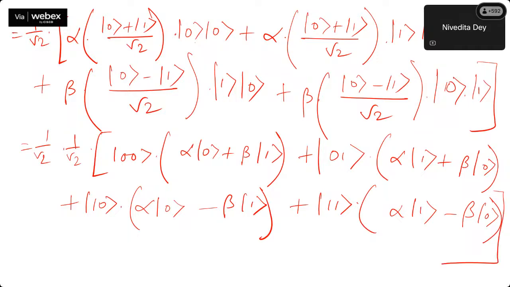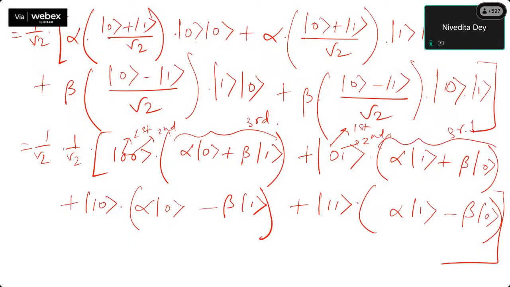Now whenever Alice makes a measurement, she has access to the first and the second qubit. So this is the first, this is the second, and this entire thing is the third. Similarly here also this is first, this is second, this entire thing is the third, and similarly it happens.